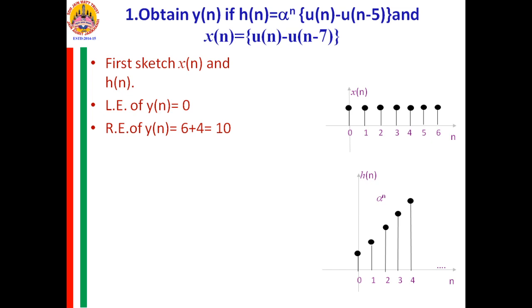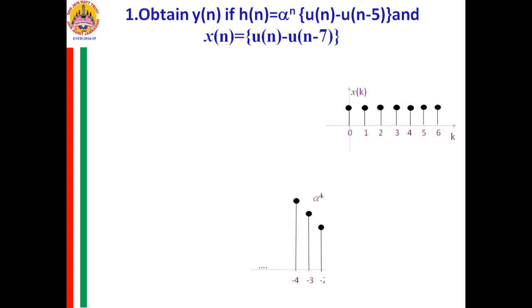Now resketch this x[n] as x[k] and h[n] as h[k], and reflect about the origin h[k] and write h[minus k], so that we'll get this sketch here. So this is x[k] and this is h[minus k].